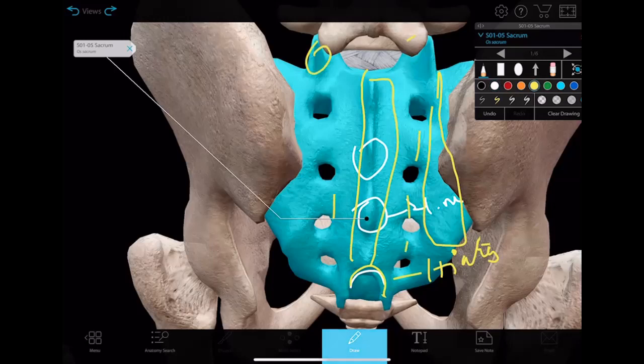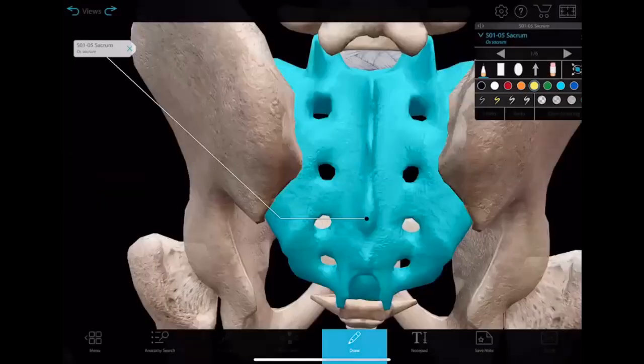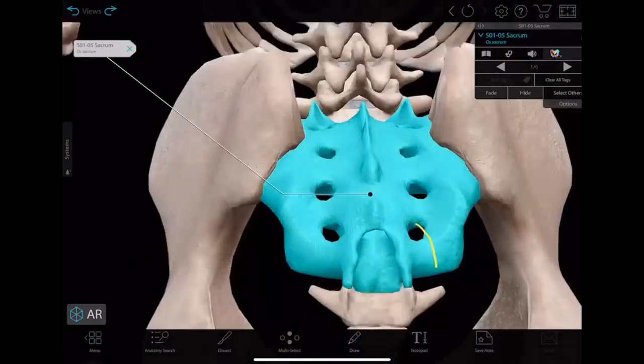Superior articular facet. These are the foramina. Understand, this is the sacral hiatus, okay? This one is the sacral canal.